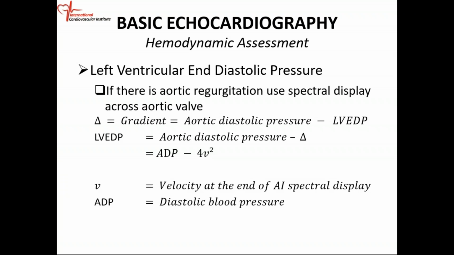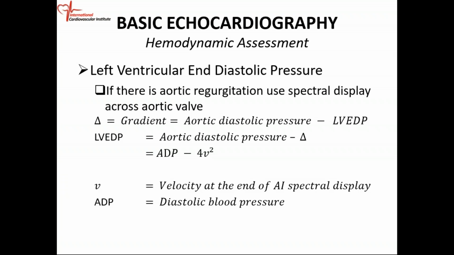So we can use AI to calculate our left ventricular end diastolic pressure. So in diastole, if you have AI, what is occurring is the diastolic pressure in the aorta is going to be greater than the diastolic pressure in the left ventricle in order for you to get blood to flow from the aorta, cross the aortic valve into the LV.